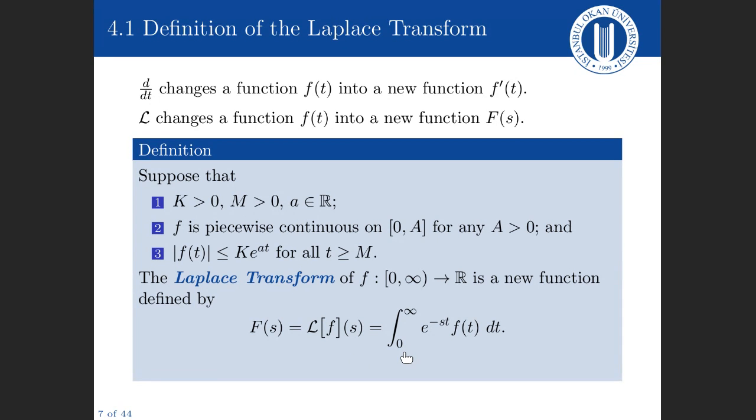So we have our original function, small f, we calculate this integral, and we have our new function, which we can write as capital F of s, or we can write this as curly L of small f of s.